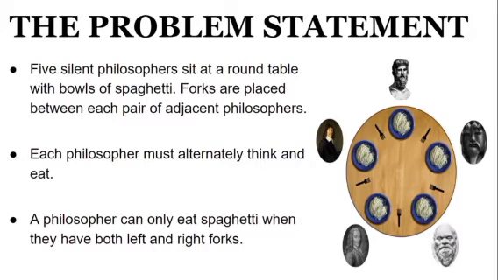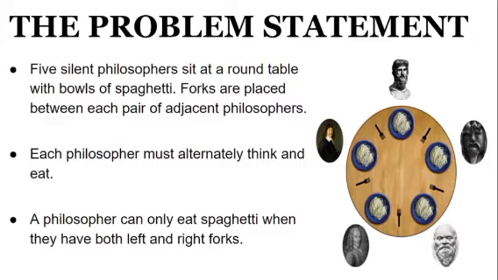Second point, each philosopher must alternately think and eat. Right, we have think and eat. Third, a philosopher can only eat spaghetti when they have both left and right forks.